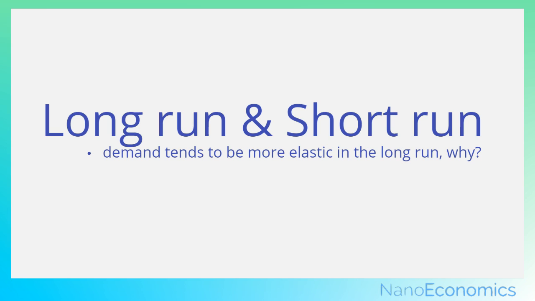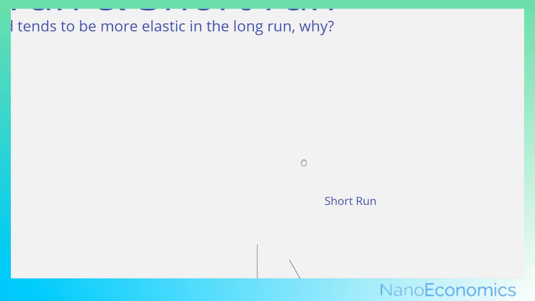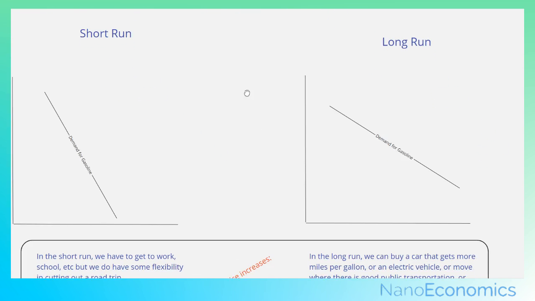So I may begrudge the higher prices that I'm paying, but I'm not yet able to adjust in the short run. In the long run, it tends to be more elastic, and there are quite a few different factors and ways to think about that.